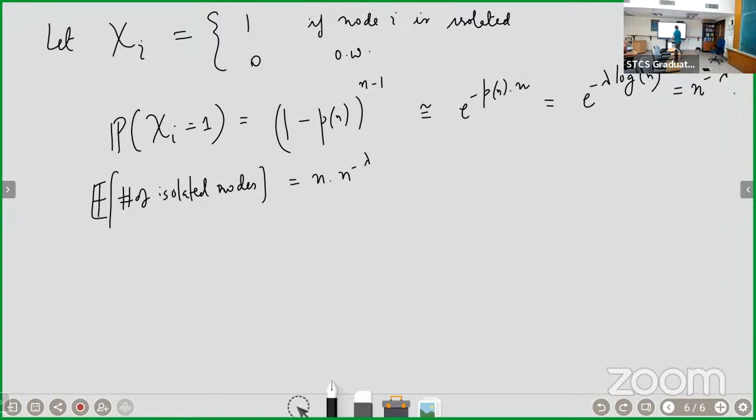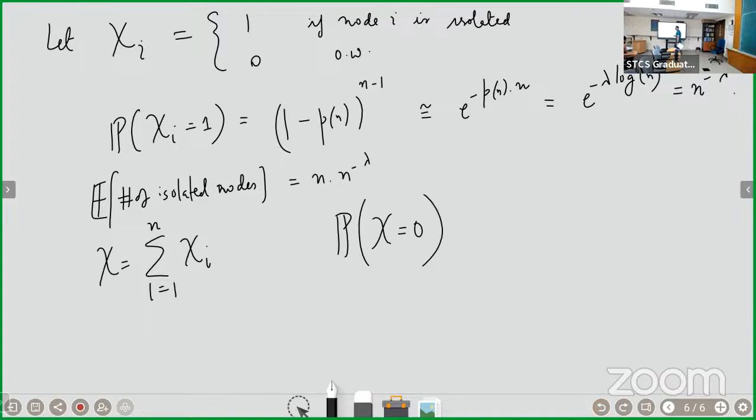Let's say chi equal to summation of I. What are we after? X equal to 0. Chi. Is there any connection of this with respect to expected value of chi, and the variance of chi?